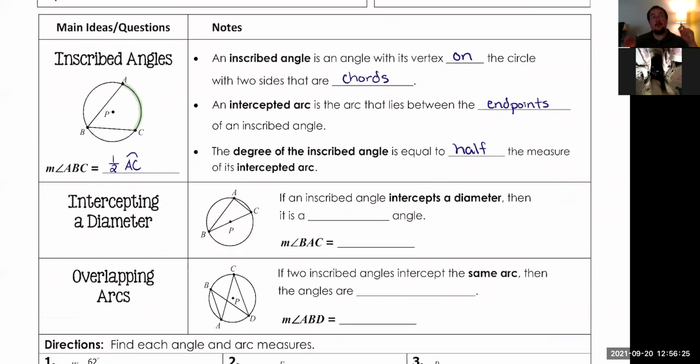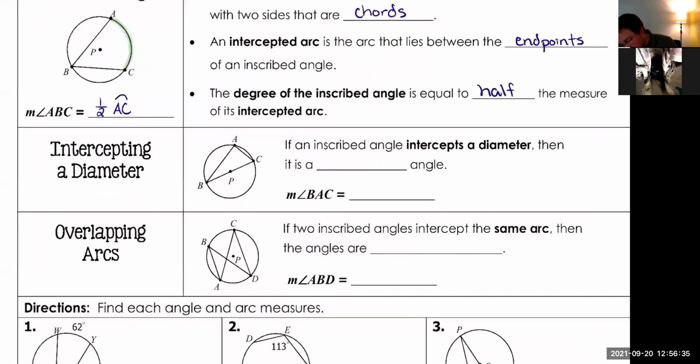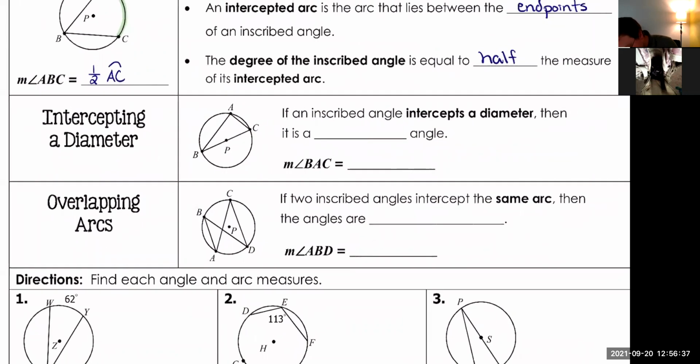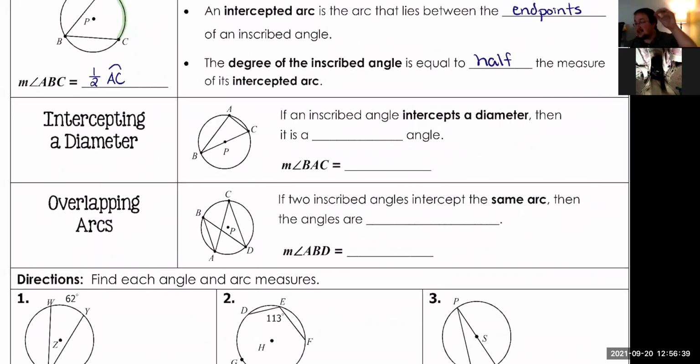Now, from that relationship and based off of how inscribed angles can find themselves inside of a circle, there are two special scenarios to consider. The first one is when it's intercepting a diameter. The inscribed angle intercepts a diameter, which is a chord that goes through the center. It creates two semicircles.